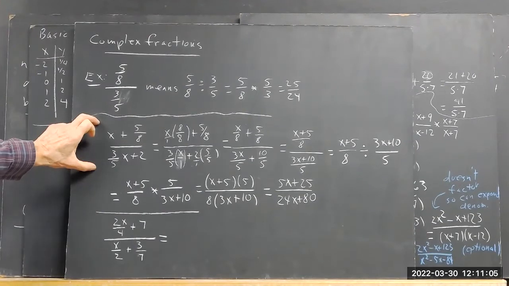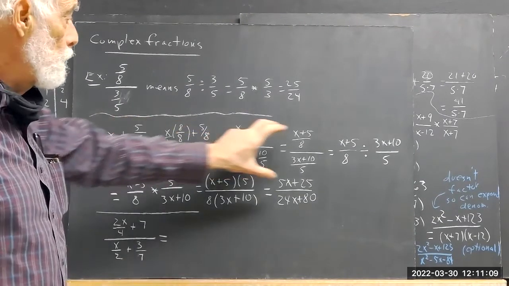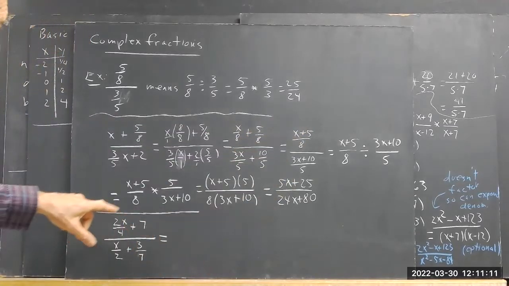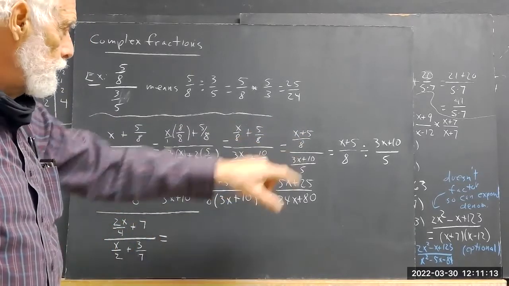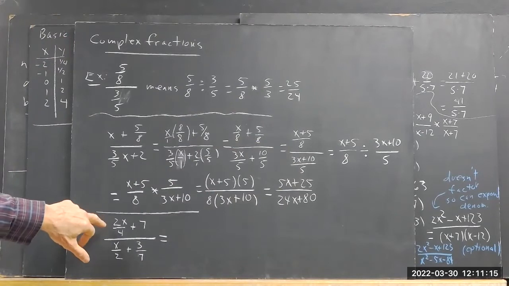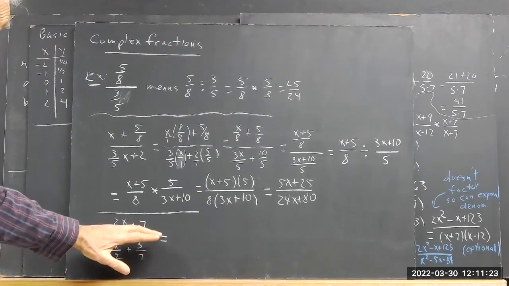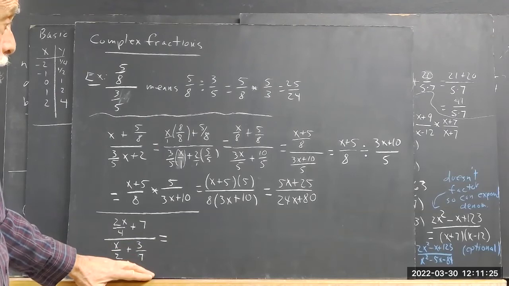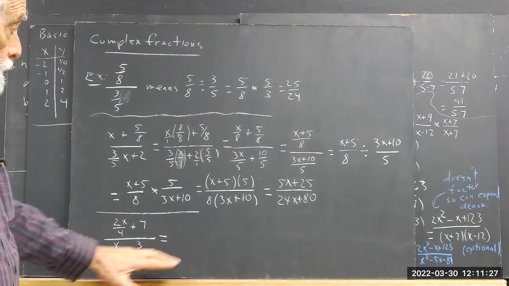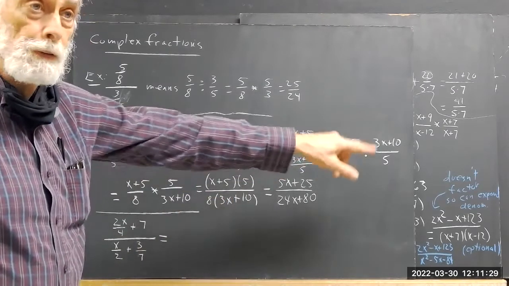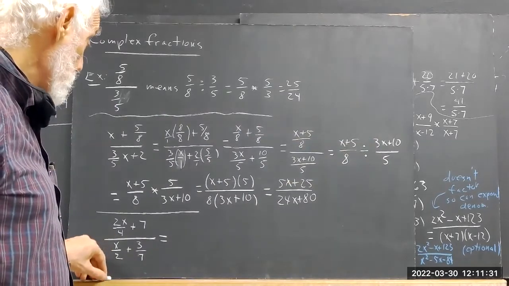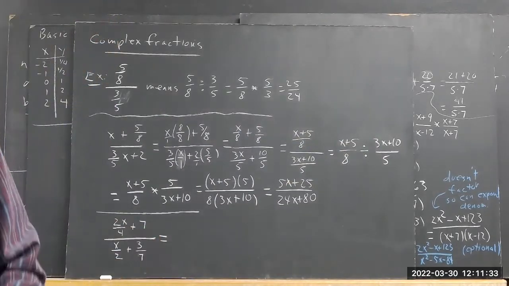Well, what was my first step here? I started out from here all the way over to here. I worked out in 3 steps how to put the numerator over common denominator, how to put the denominator over common denominator, right? Found a common denominator for the numerator, common denominator for the denominator. And that gave me something that was pretty easy to deal with from that point on. So see what you can do.